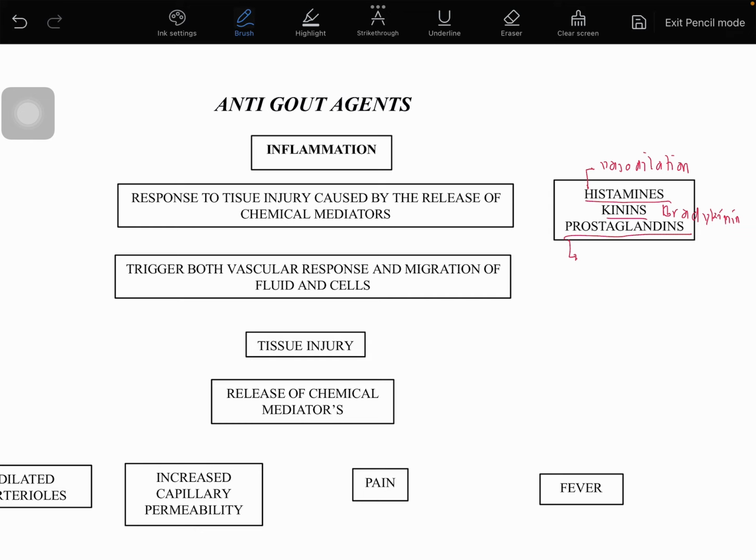So these are your three chemical mediators that are released during the process of inflammation.